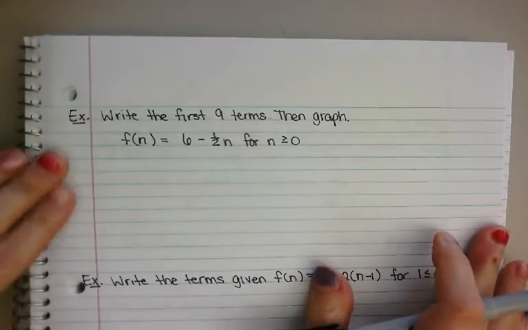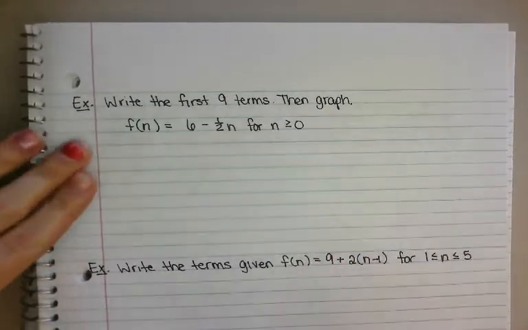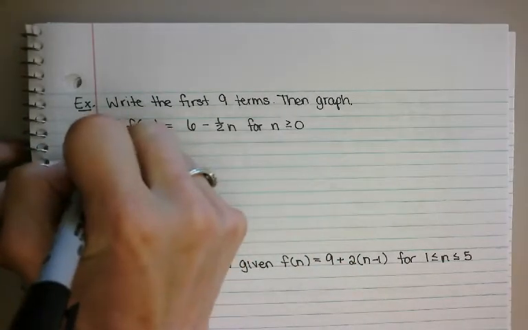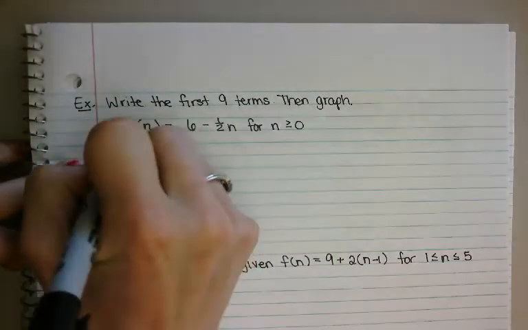All right. Let's look at some other examples. So let's write out the first 9 terms and then we're going to graph it. So I'm going to go ahead and say f of, they want me to start off at 0.